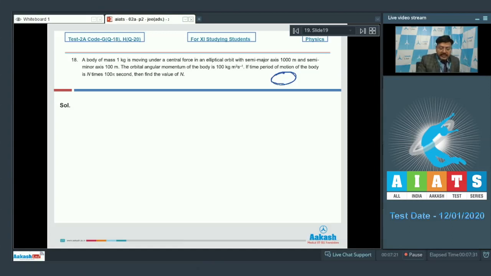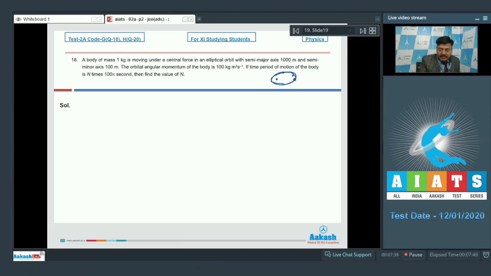Suppose this is the point through which the central force is acting, and in case of gravitation this could be taken as the position of the sun, and here is the planet.